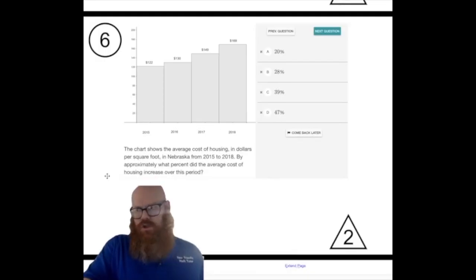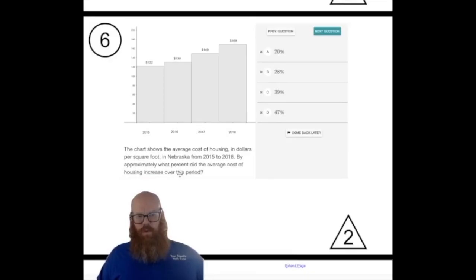And now on to number 6. So we have a chart. By approximately what percent did the average cost of housing increase over this period?